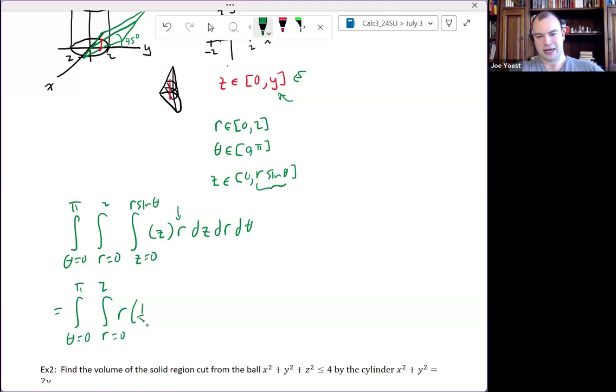Well, that's going to be a 1/2 z squared between those two bounds. So that's 1/2 times what ends up being, this minus 0 squared, just r squared sine squared theta, and then dr d theta.